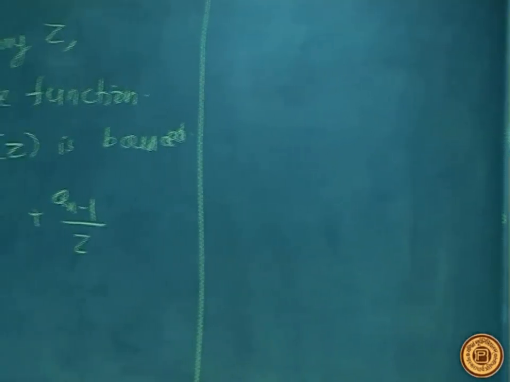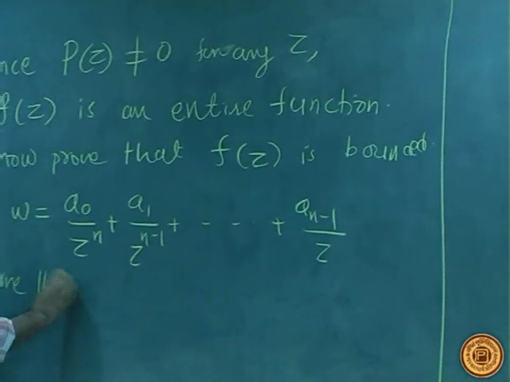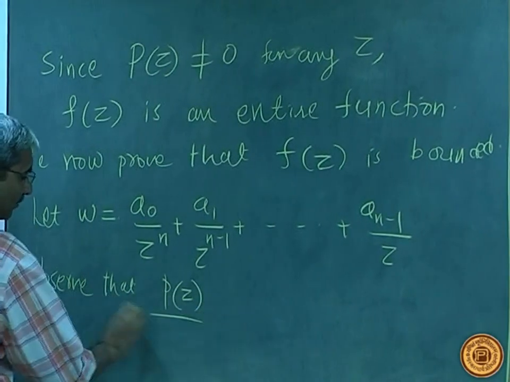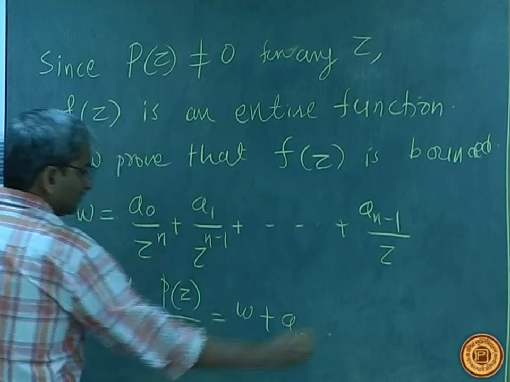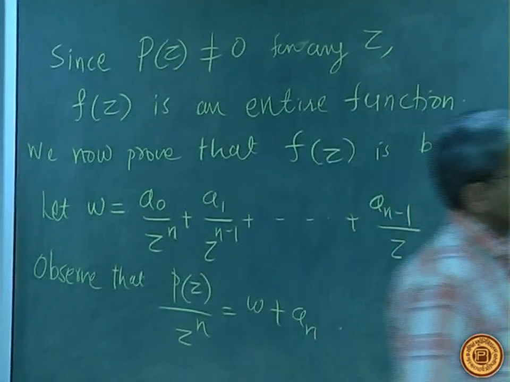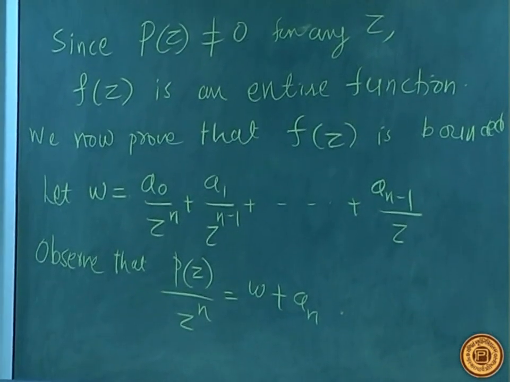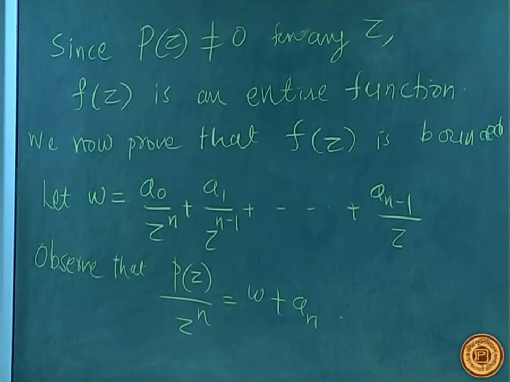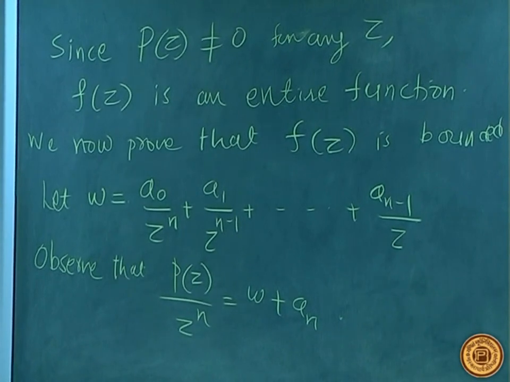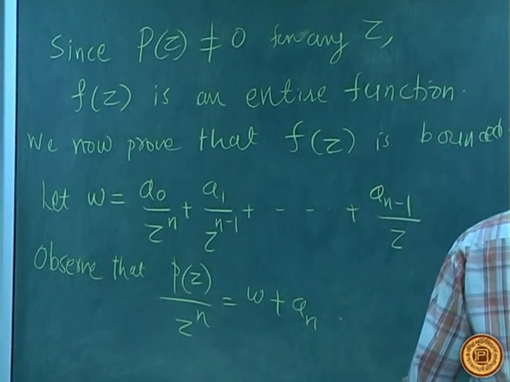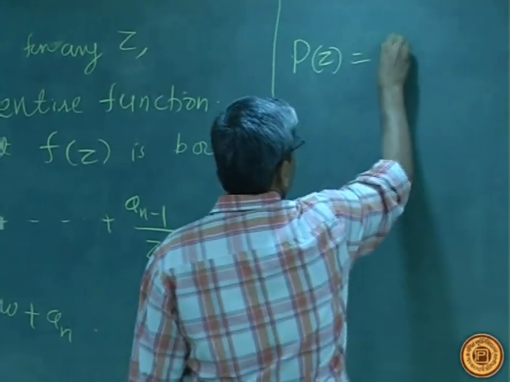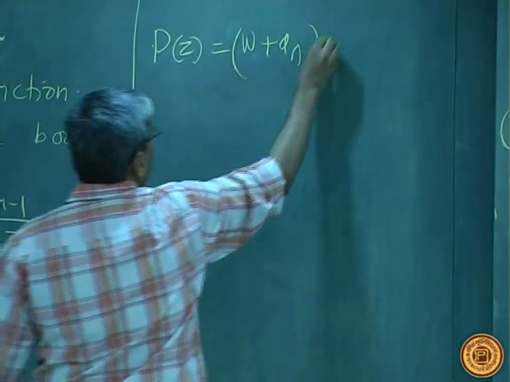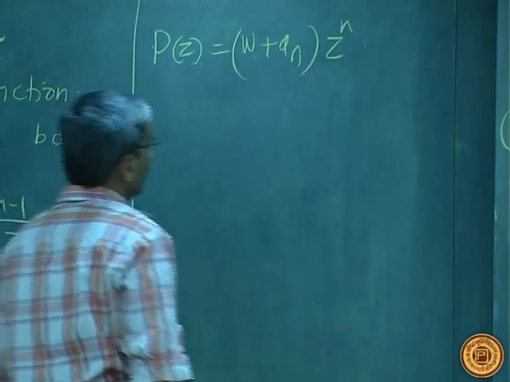So observe that P(z) upon z to the power n is w plus an. Is this clear? So P(z) is equal to (w plus an) times z to the power n.